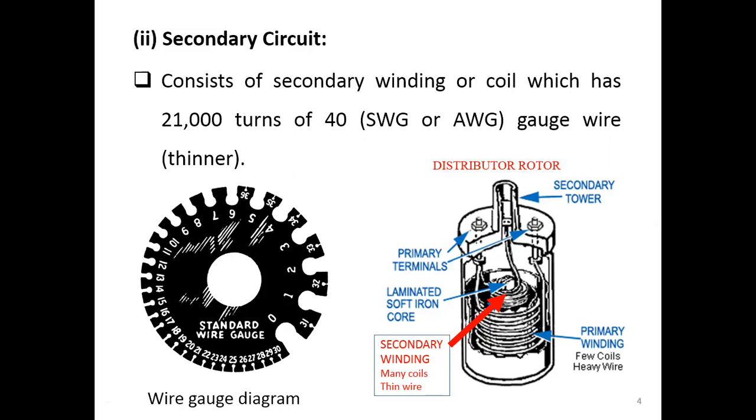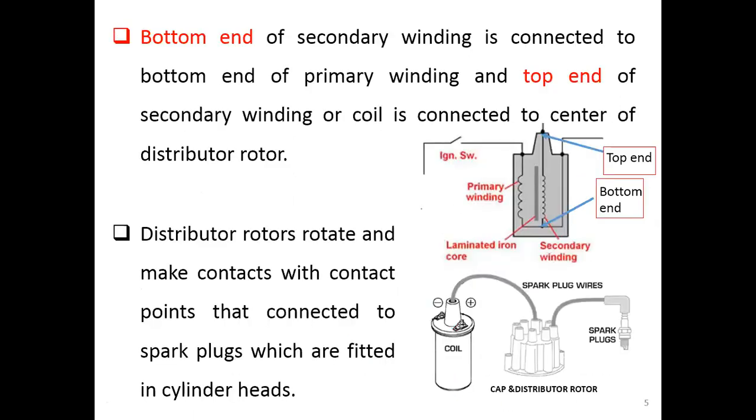In here you see the primary circuit and the secondary circuit in the coil. The whole device here we normally call a coil. These two circuits, the primary and the secondary, are connected with each other at the bottom end here.